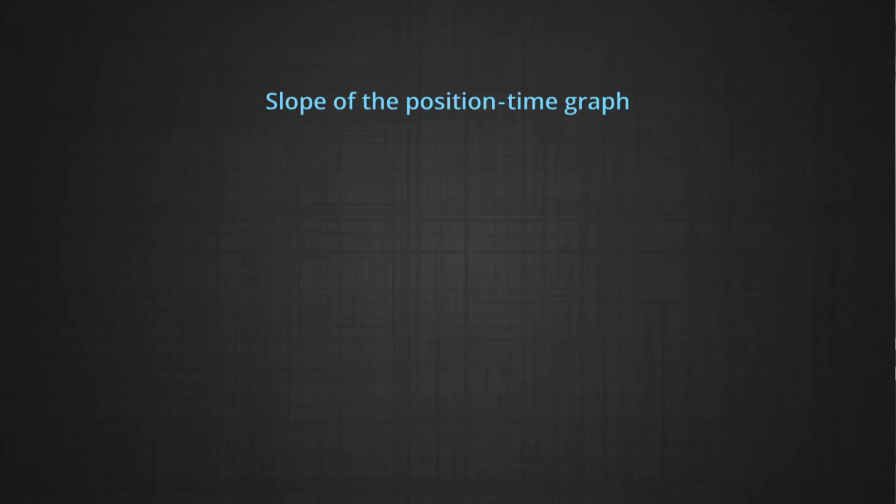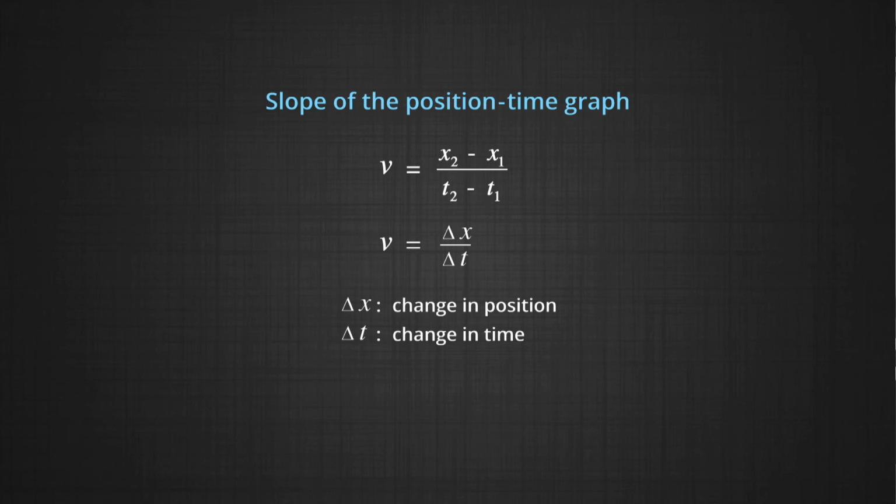Now, the slope of the graph at a point is given as (x2 minus x1) upon (t2 minus t1). So, the velocity that we describe as the rate of change of position becomes delta x, the change in position, upon delta t, the change in time. At an instant, for a continuously changing value of position with time, you say instantaneous velocity is given as the limit of delta t tending towards 0 of delta x upon delta t.